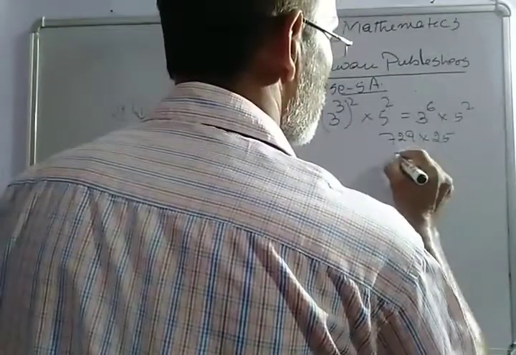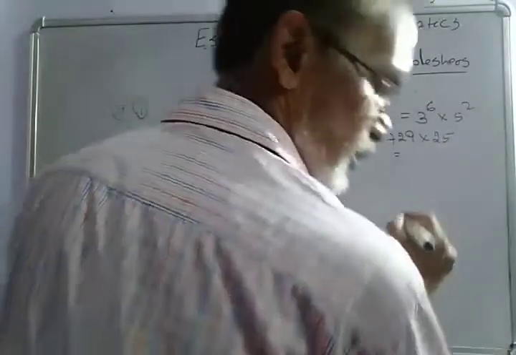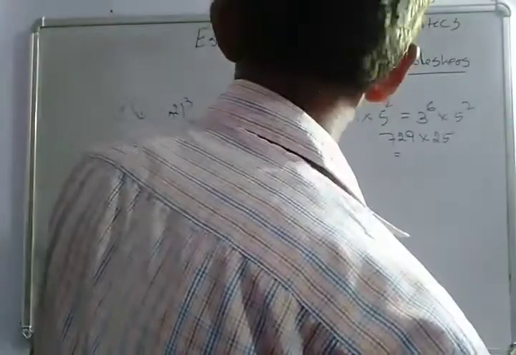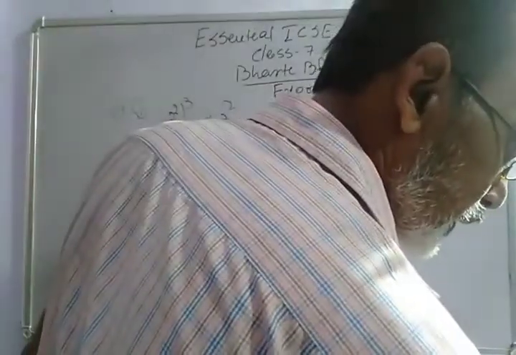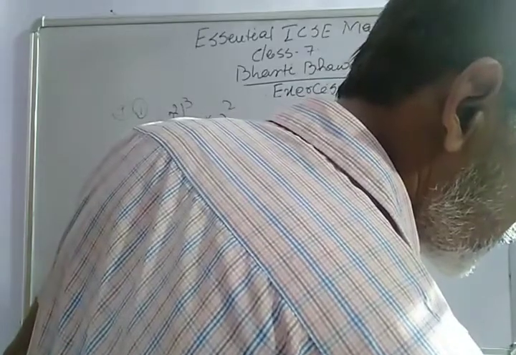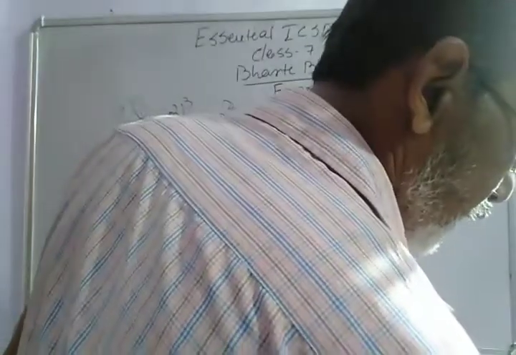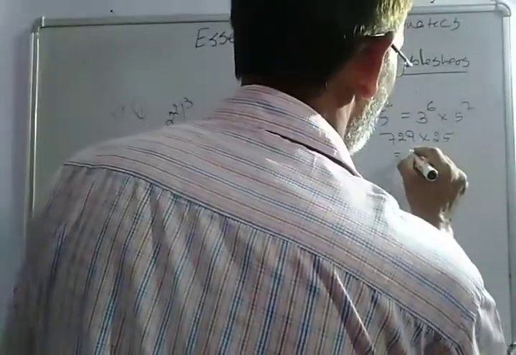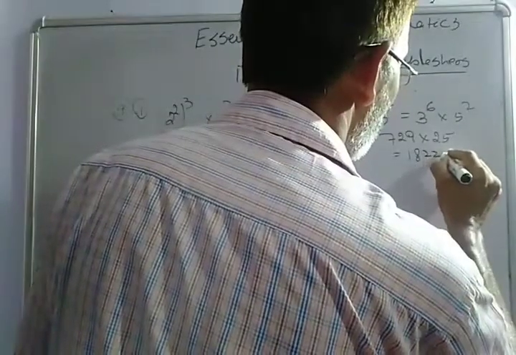So 729 multiplied by 25 is equal to 18225.